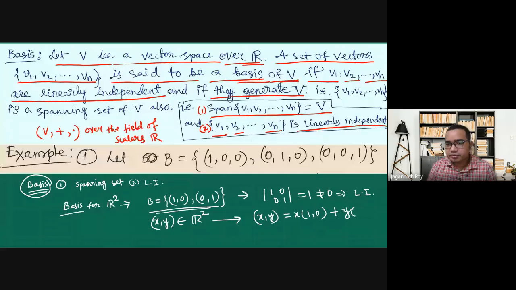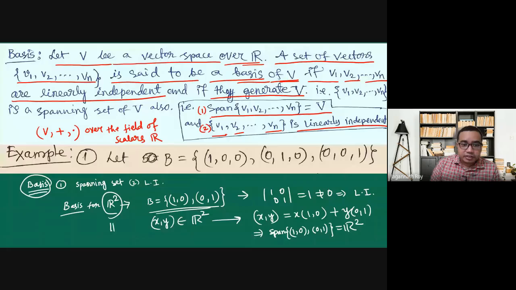So this implies the span of (1, 0) and (0, 1) is actually a two-dimensional space. Similarly, we can see it for R3, R4, and so on, Rn, n-dimensional space. Similarly, we can show that.